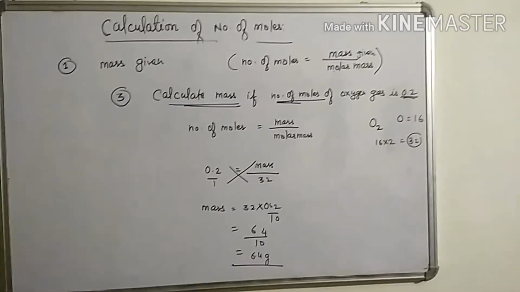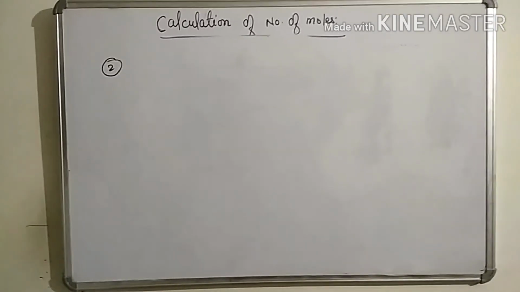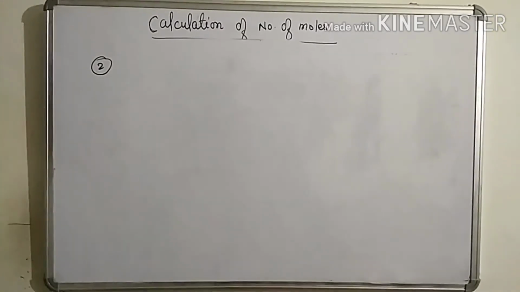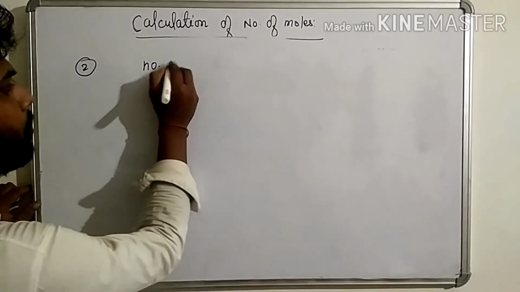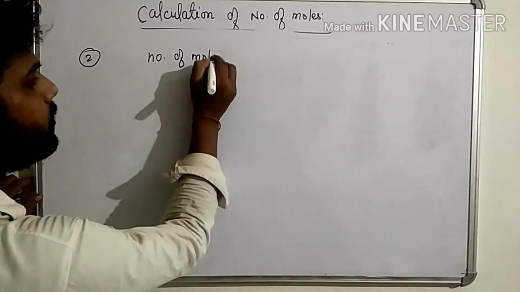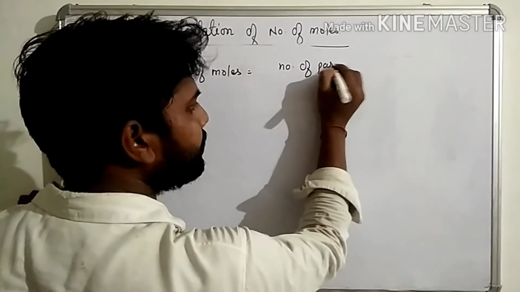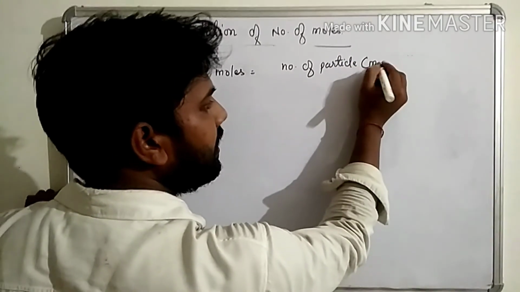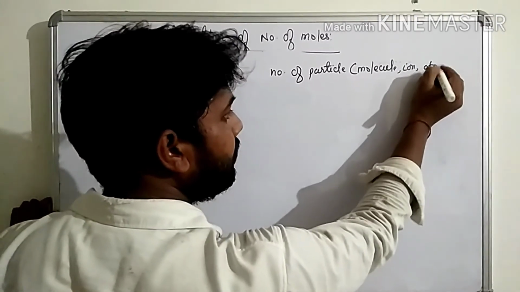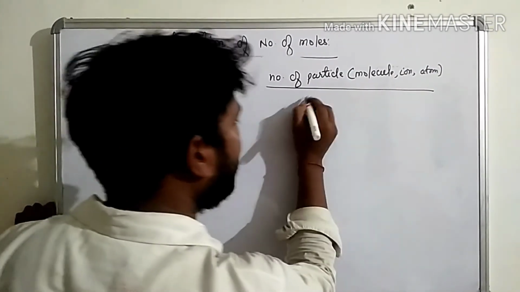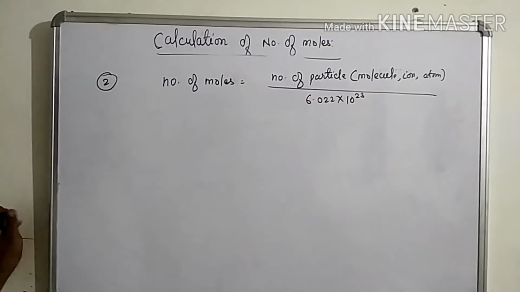Okay. Now children, we will see the second formula. Number of moles can be calculated by given number of molecules. Number of moles is equal to number of particles, in molecule, ions, atom, etc., divided by 6.022 10 to the power 23.